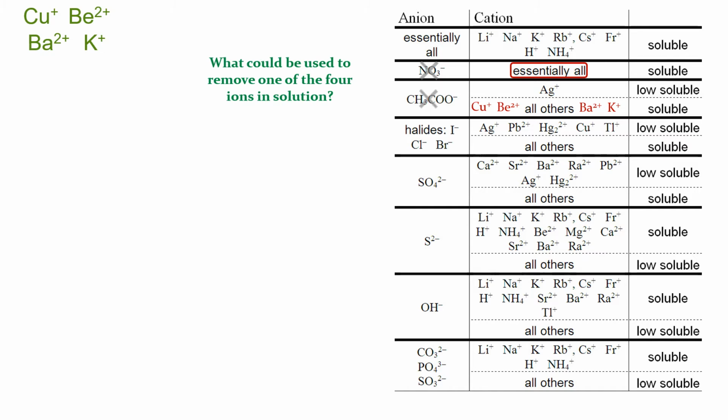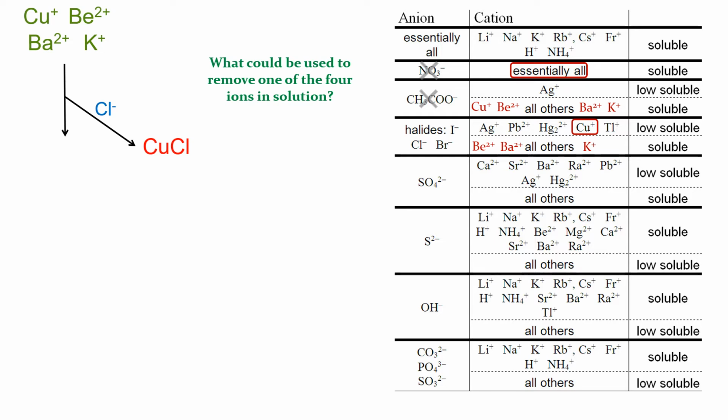When I look at the halides, I got iodide, chloride, bromide. Well, Cu plus will form a solid. Beryllium, barium, and potassium will not. So we said we could start with a halide. So I'm going to use Cl minus. Notice how I write Cl minus and I put it over the arrow. That means that I would be adding Cl minus, and when Cl minus is added, it would form the solid of CuCl.